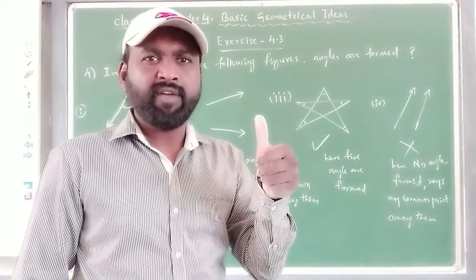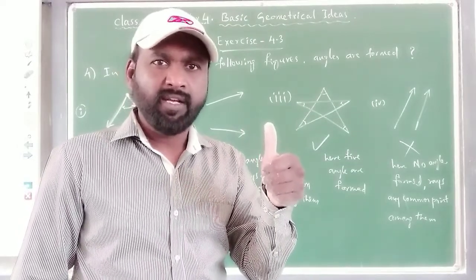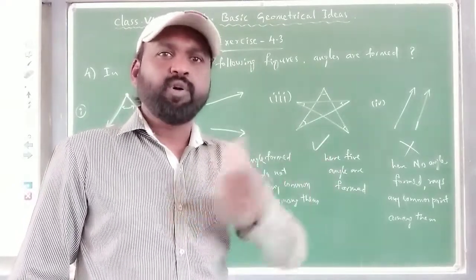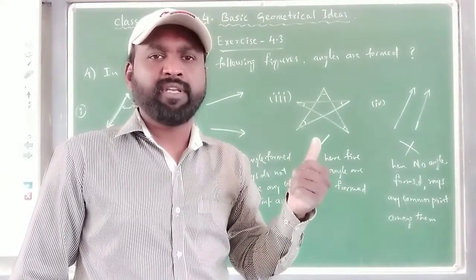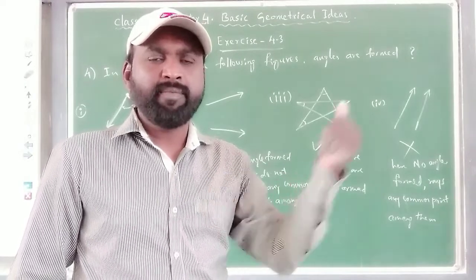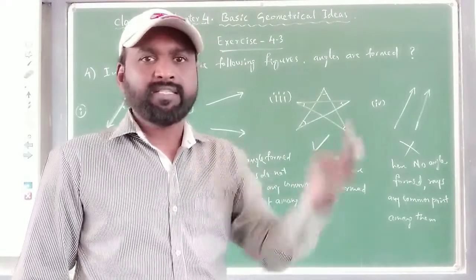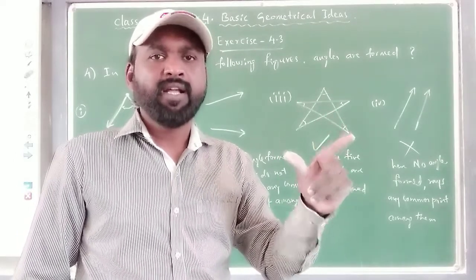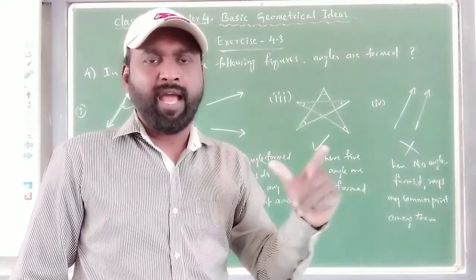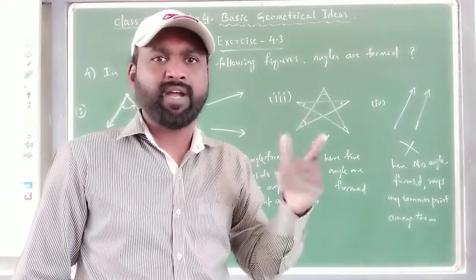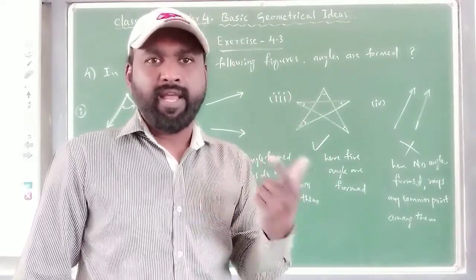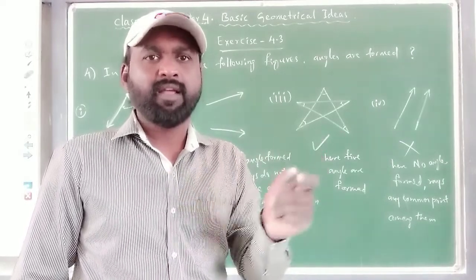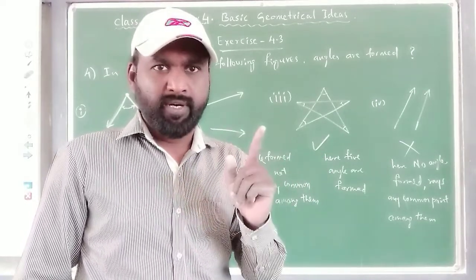Point does not have any definite dimension or definite length, it only determines a location. Line is a group of points which does not have any starting point and ending point, it can be extended on either side. Line segment is a part of line which has exact length, so a starting point and ending point, which can be measured exactly. Ray has only a starting point but no ending point, it can be extended in one direction only.